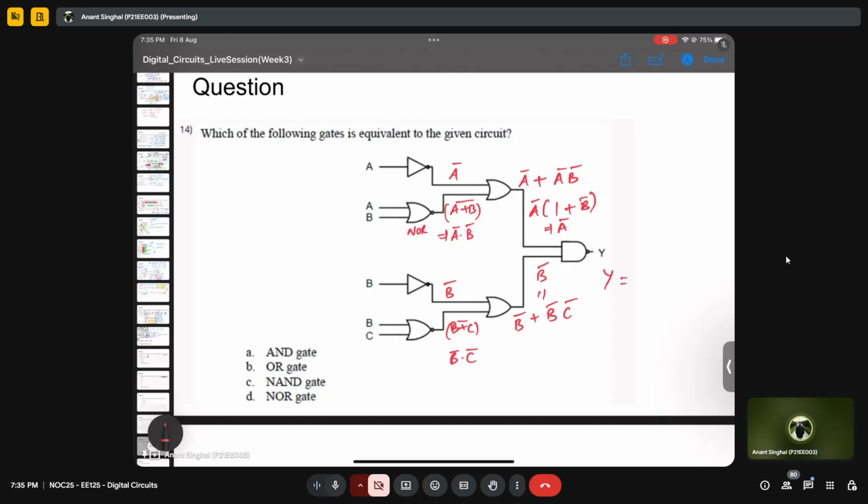So the final answer would be A complement times B complement whole complement. Any doubts? And this is nothing but Option B, sir. So Y would be an OR gate. Yeah, option B is the correct answer.